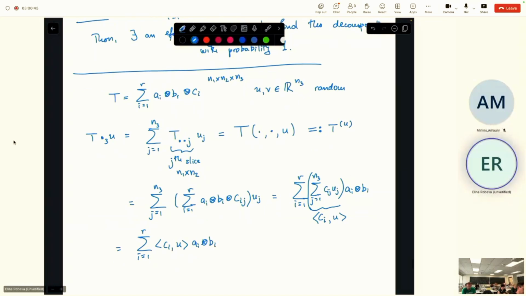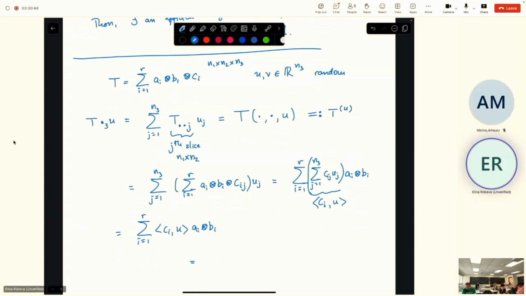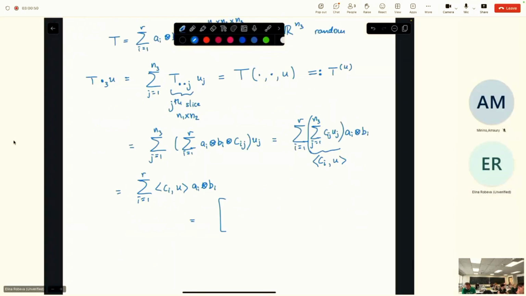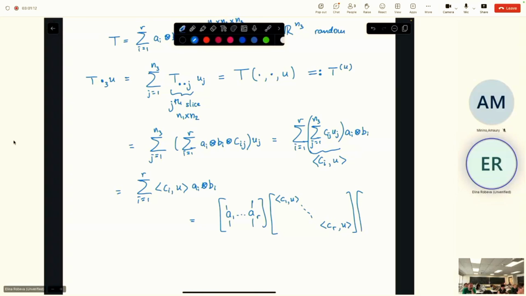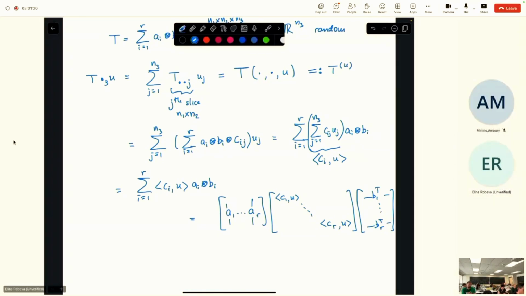And if you now want to expand this in a matrix way, we have matrix A with columns a_1 through a_r. Now here I have this matrix with c_1·u through c_r·u. These are diagonal entries. And then finally I have the B's, so v_1 transpose through v_r transpose.